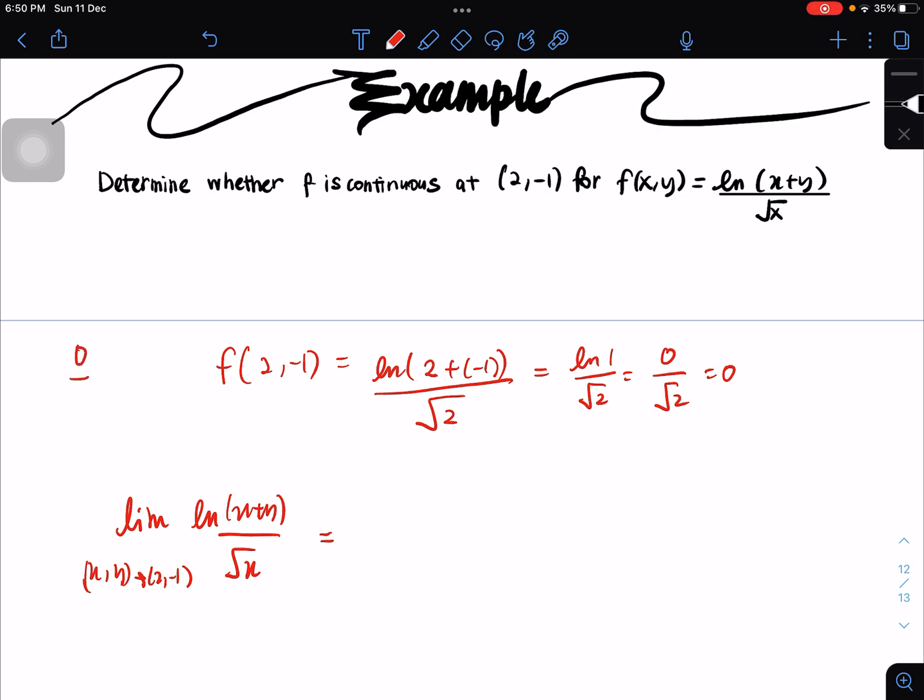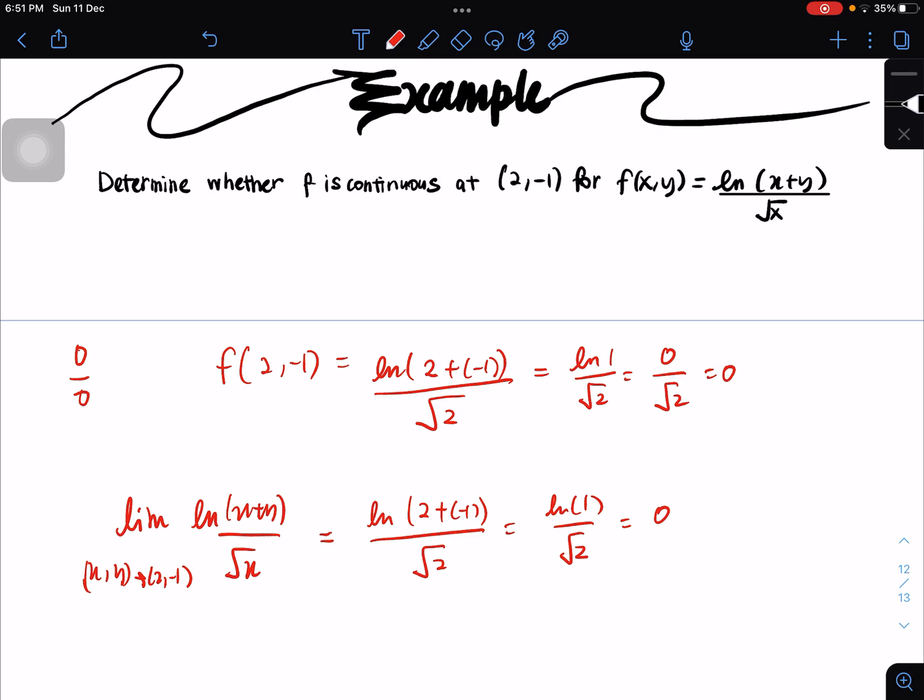If you get 0 over 0, then you need to find the path. If you not get 0 over 0, then you continue with the value. Okay, let's say we substitute the value here. Now we get ln(2 + (-1)) divide by sqrt(2). So we have ln 1 over sqrt(2), which is equal to 0, means your limit is equal to 0.